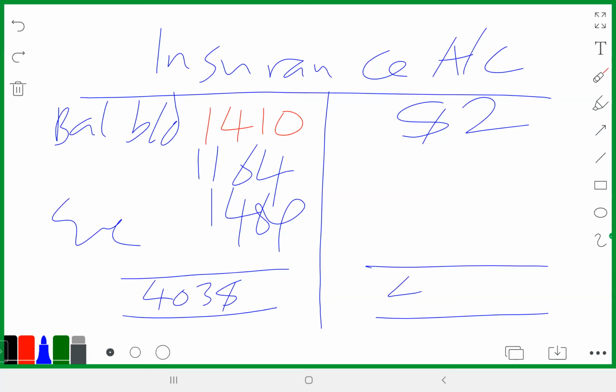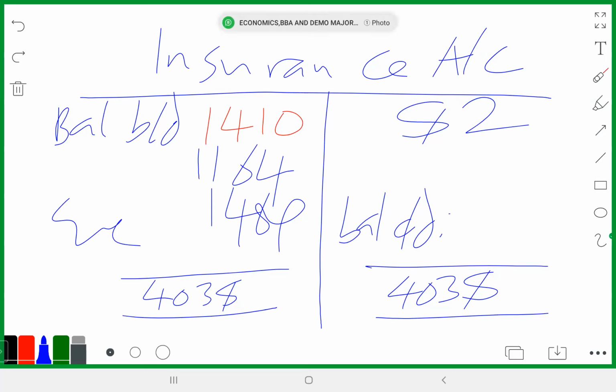The biggest amount is 4,038. What is the balance carried down? You subtract 4,038 minus 82. 3956.